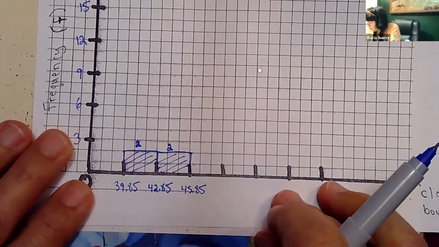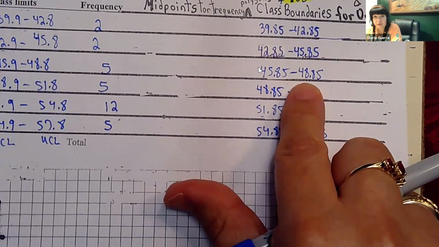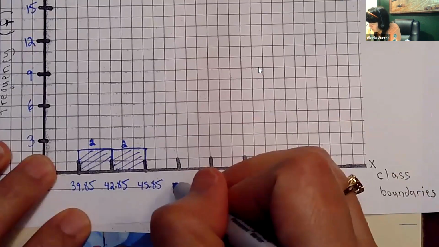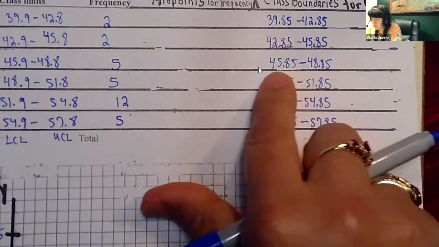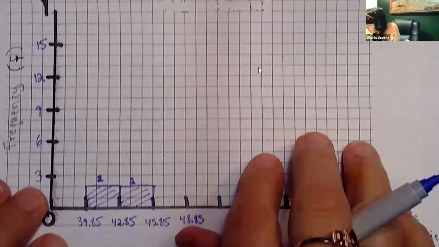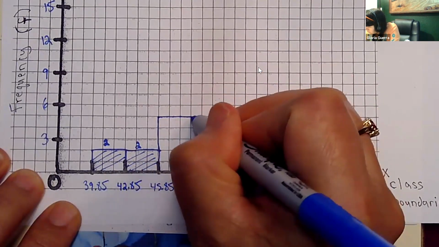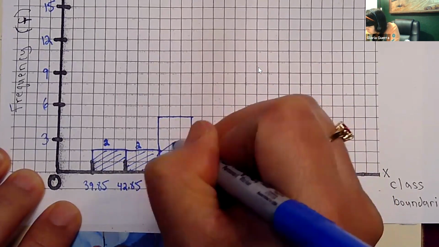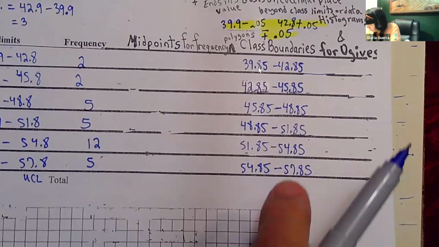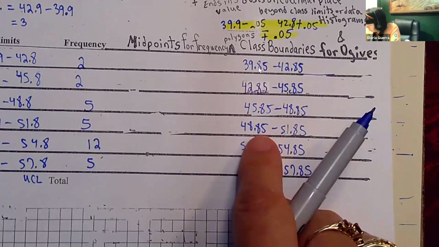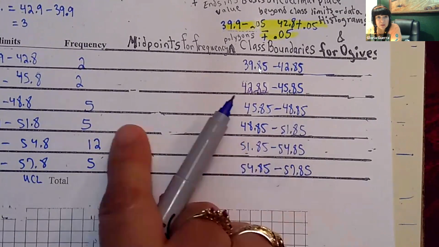Okay, and then we go from the second one. So now this next one, 45.85 to 48.85. And that has a class frequency of 5. So this is 2, 3, 4, 5. And then we have 48.85 to 51.85, which also is another class frequency of 5.